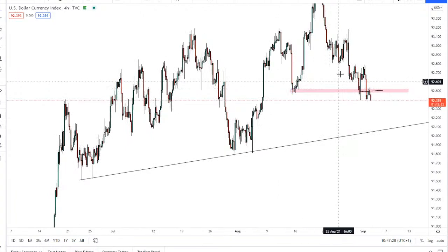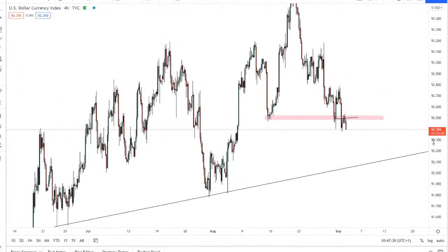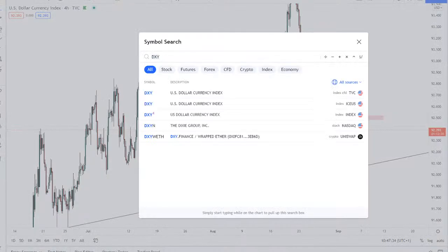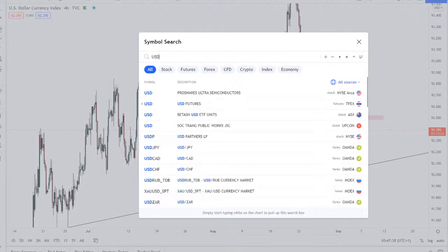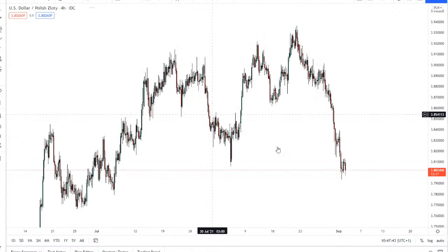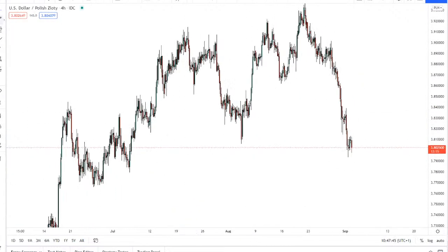So you have some price action there, so that's very interesting. Maybe that's what the DXY is going to do, follow USD PLN. Again, I have no idea about correlation between those two pairs, apart from obviously having US dollar, but it looks like the DXY there. But yeah, this one's looking quite bearish here.